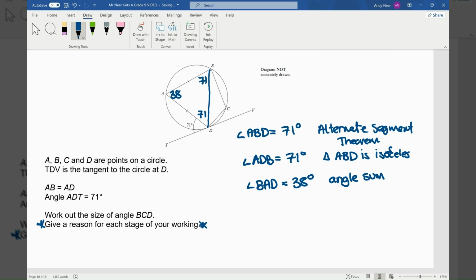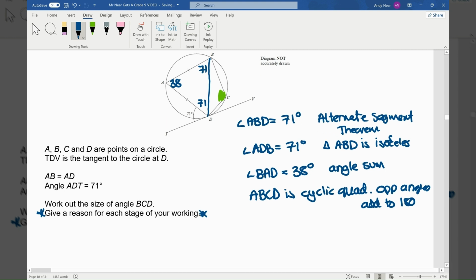And then the angle that we're trying to get to, which is this one over here, is, well, ABCD is a cyclic quadrilateral. And so because it's a cyclic quadrilateral, the opposite angles add to 180. And so the opposite angle, which we're trying to find, BCD, shown in green, is going to be 180 minus 38, which is 142.